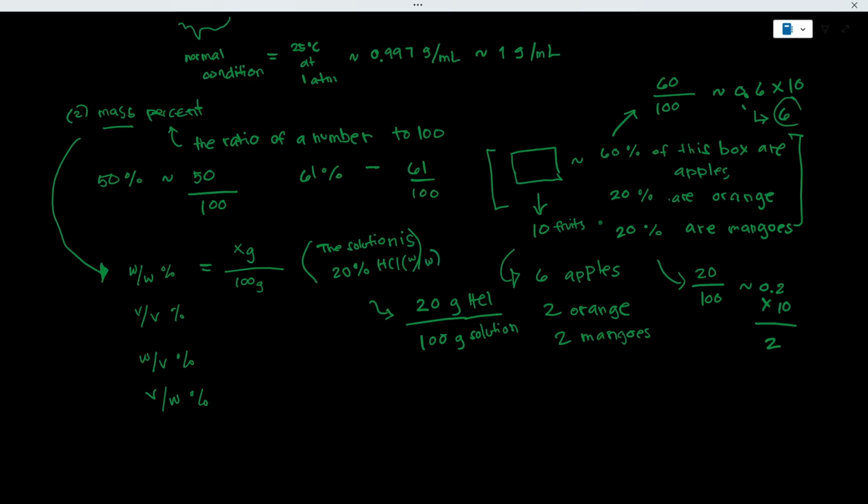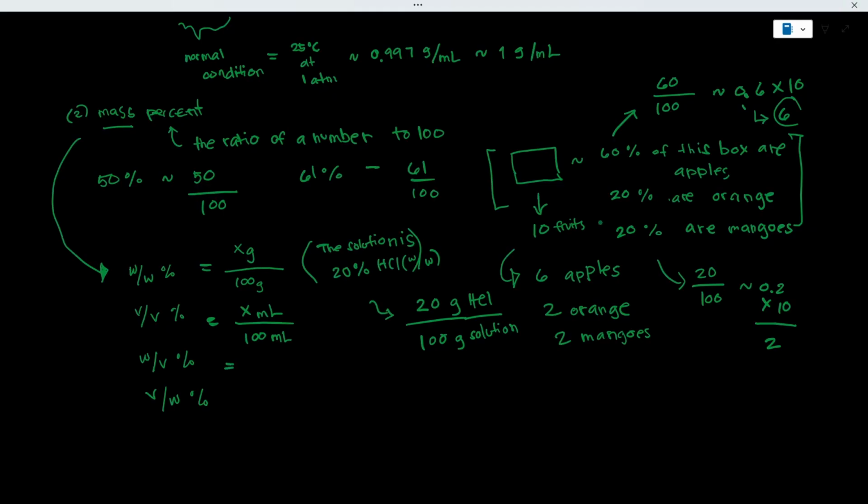When you say volume per volume, that would be X mL over 100 mL. It's the same thing when you say the solution is 20% HCl and it's indicated in V over V, that would be 20 mL per 100 mL solution.